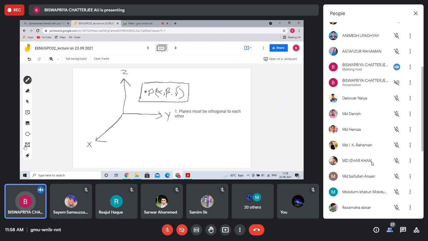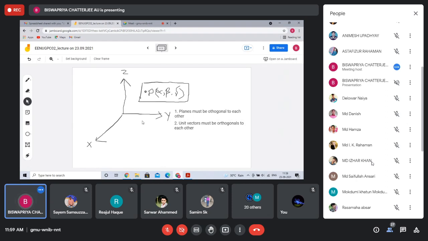Now, the second condition I am now writing: unit vectors must be orthogonal. Now, what are unit vectors?